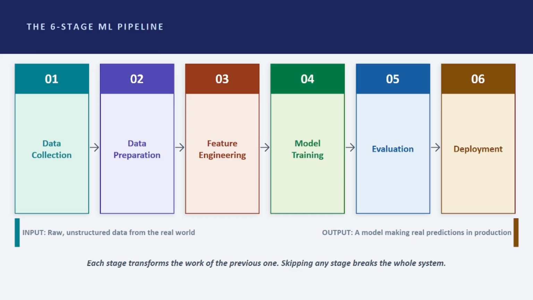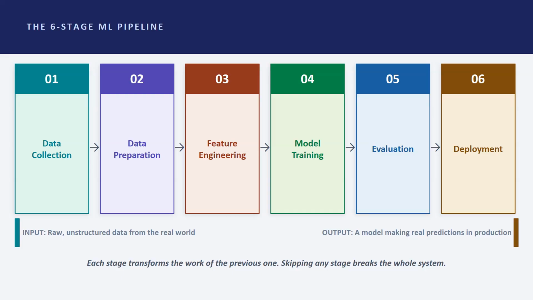Here are the six stages of a real ML pipeline, left to right: data collection, data preparation, feature engineering, model training, evaluation, and deployment. Each stage takes the output of the previous one and transforms it.